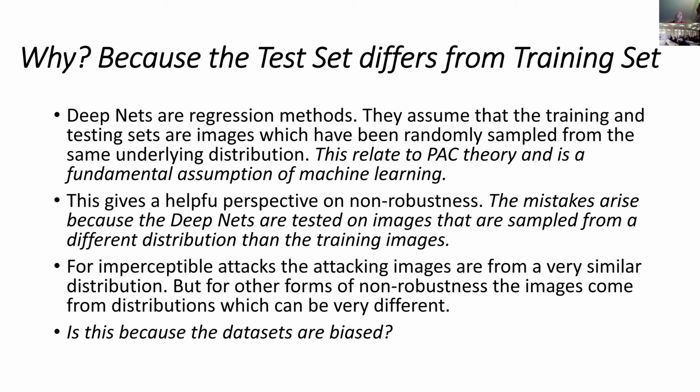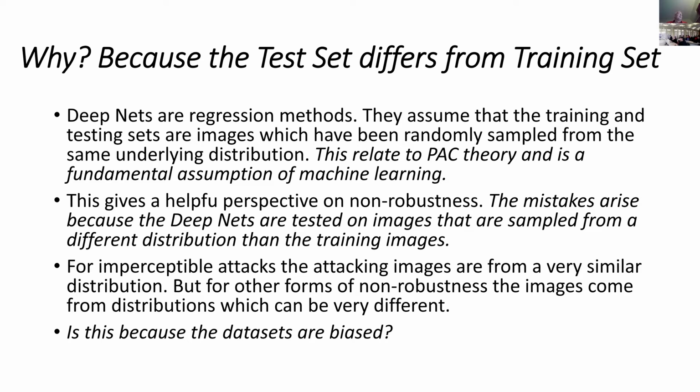This explains why the deep nets are not robust. They're tested on images that are sampled from a different distribution than the ones they're trained on. So at first sight, this seems unfair because you're asking the deep networks to do something that they haven't been trained to do.